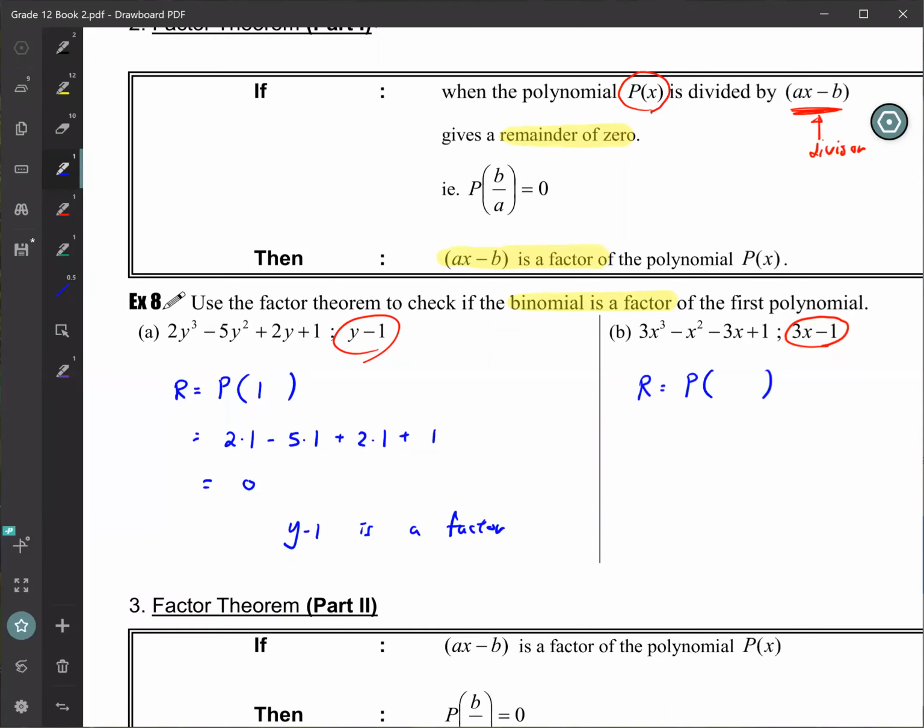I'm not sure. Okay. Eric? 1/3. Yeah. Okay, you just take the divisor and make it equal to 0, same as the way you found remainder before, right? Remember we repeated the sentence? Remainder equals P of divisor equals 0, right? So that's the number you sub in.